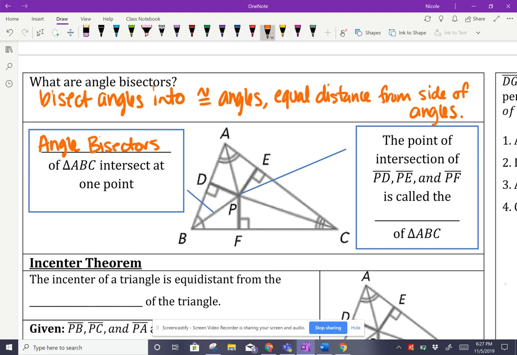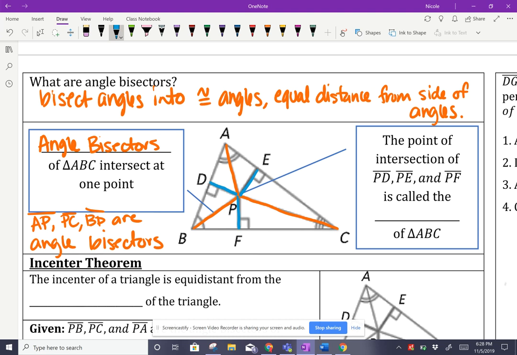So my angle bisectors are AP, BP, and CP. But we also have these additional lines. We have PD, PE, and PF.